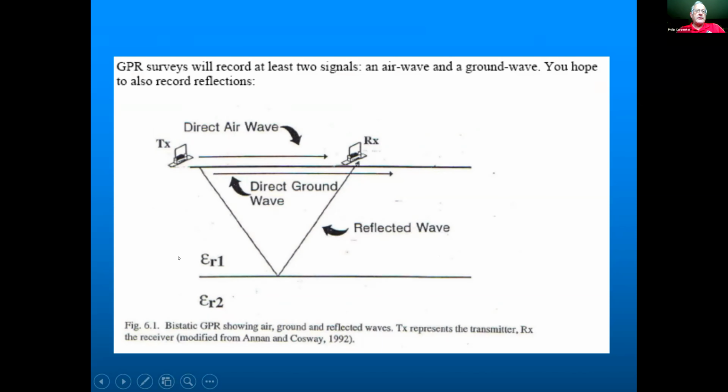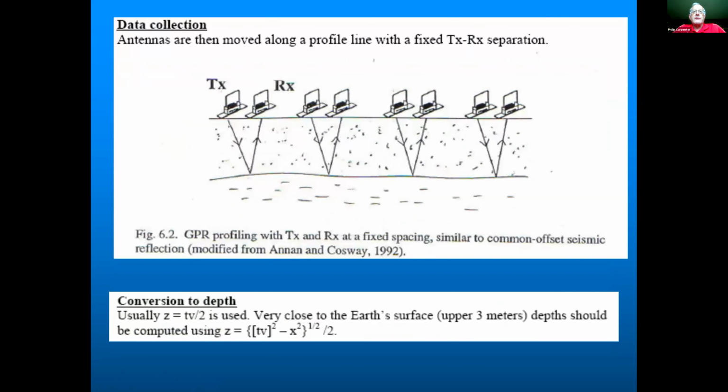So for ER1, in unsaturated materials, it's probably going to be about 10-ish. ER2, it's going to be about 30 saturated. So there's an increase of a factor of 3. And the same thing in landfills. So radar actually works pretty well in landfill situations.